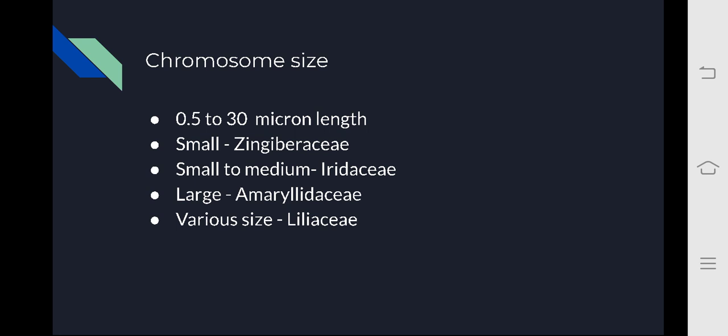The members of Amaryllidaceae have large sized chromosomes. And Liliaceae has chromosomes of varying size. So these all have many variations in chromosome size, and this is very helpful to taxonomic studies.